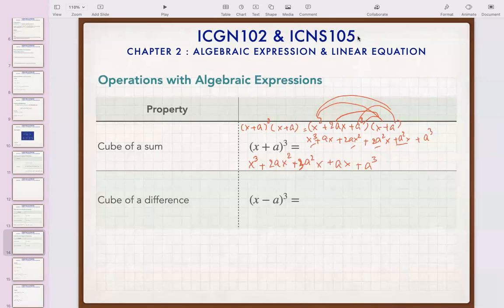For the cube of a difference, you can write it down as (x minus a) squared times (x minus a) as well. For the square of the difference we get x squared minus 2ax plus a squared, and then we multiply it by x minus a.